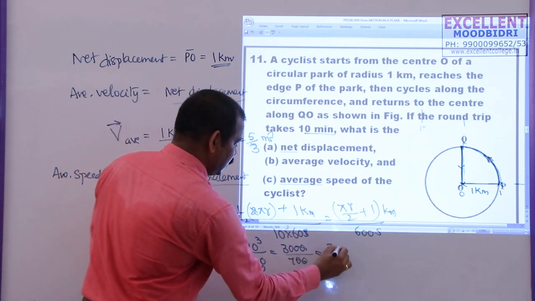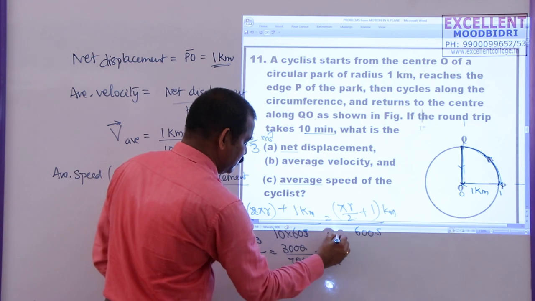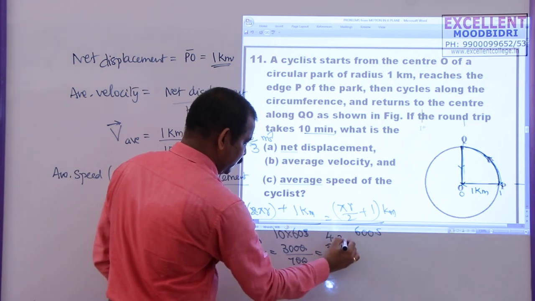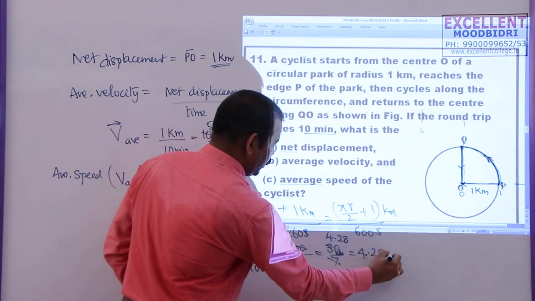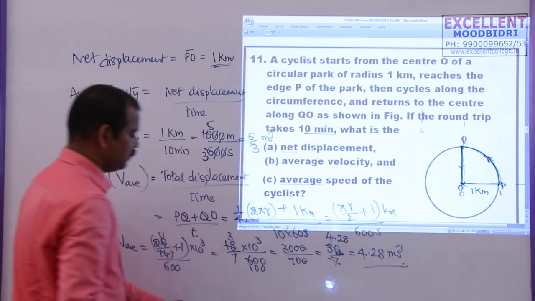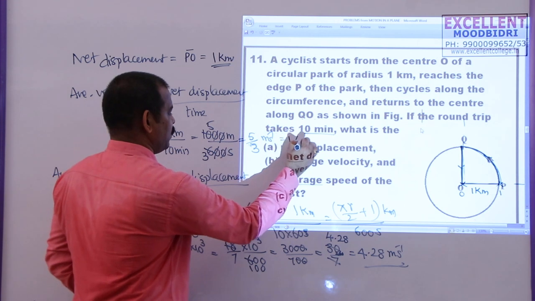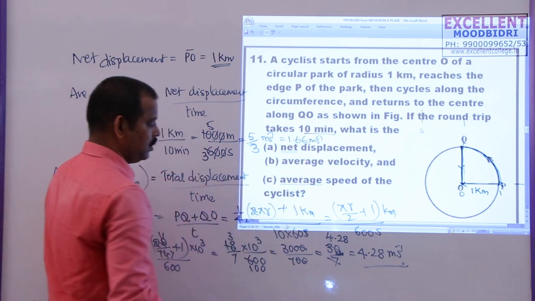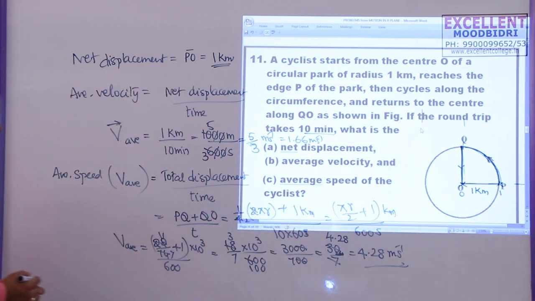So this will be 30 by 70 meter per second. 7 4s, 28, 20, 7 2s, 14, 60, 7 8s. So the answer: 4.28 meter per second. The average velocity was 5 by 3, which is equal to 1.66 meter per second, and the average speed will be 4.28 meter per second.